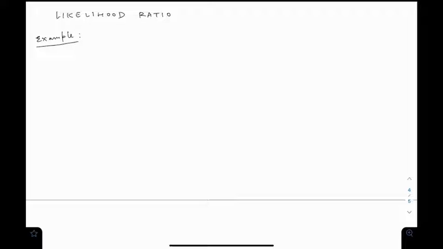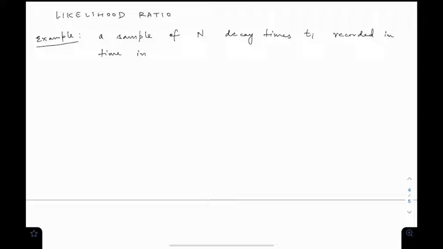Here's a sample of n decay times, which we will denote by ti, that has been recorded in the time interval t that lies between some t minimum and some t maximum.